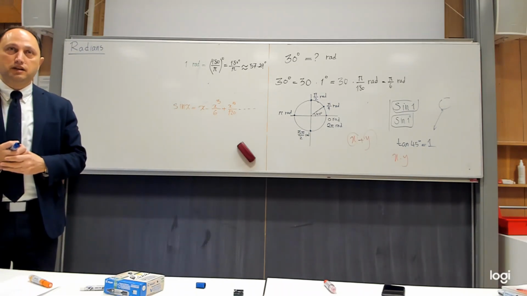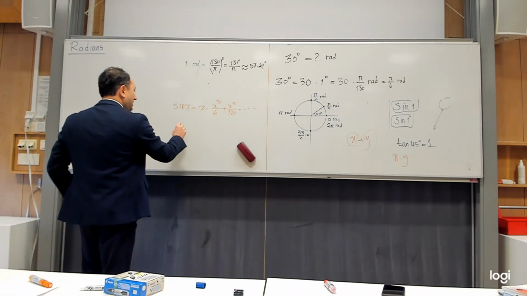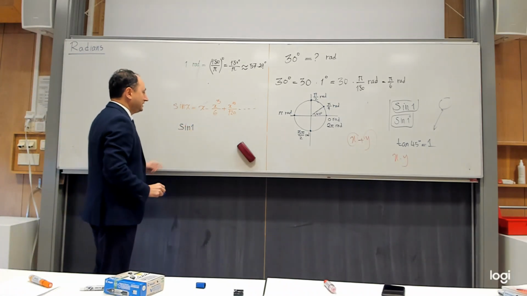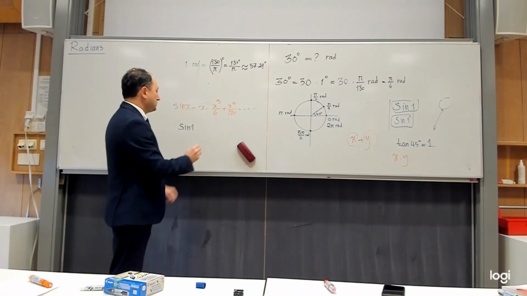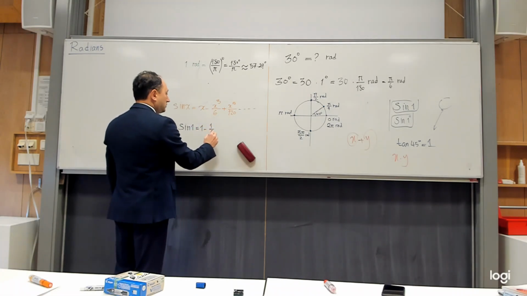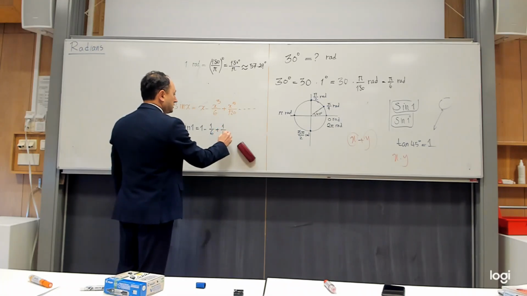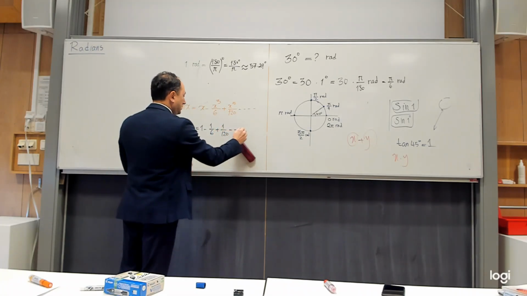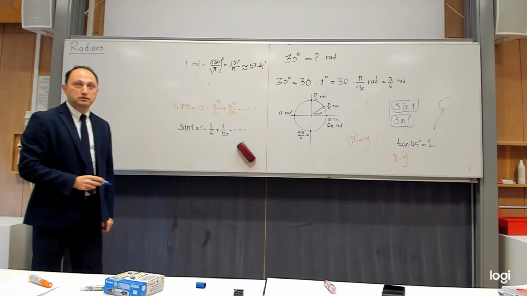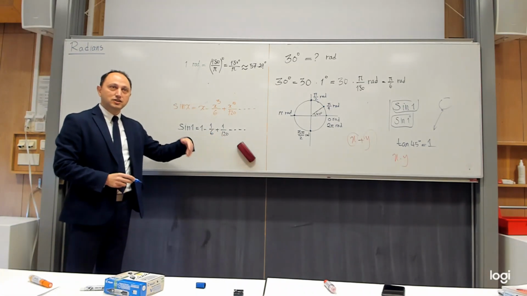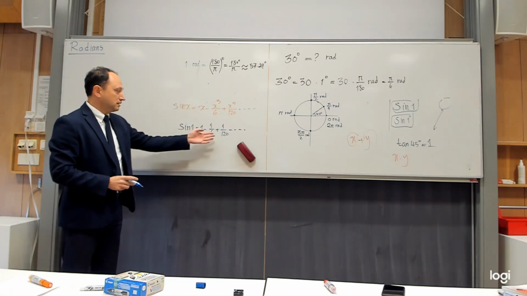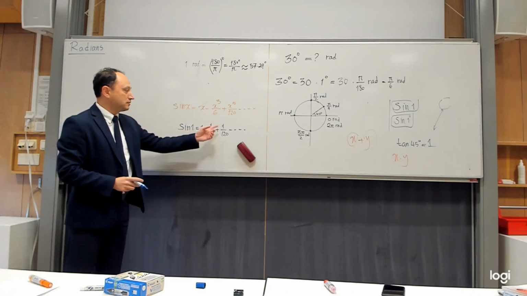So for example, sine of 1 becomes 1 minus 1 over 6 plus 1 over 120, and then you can continue this list. Of course, finding the sum is not that easy, so you need to think about these problems. How can I add infinitely many?